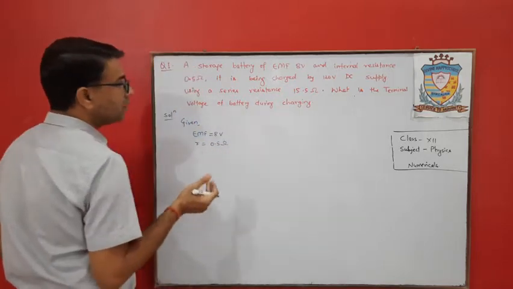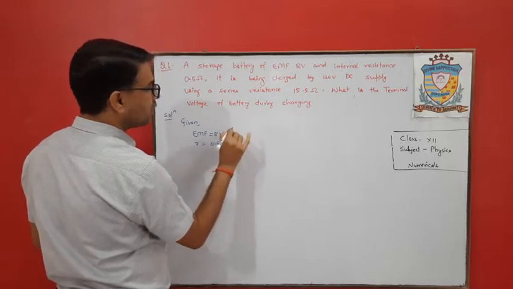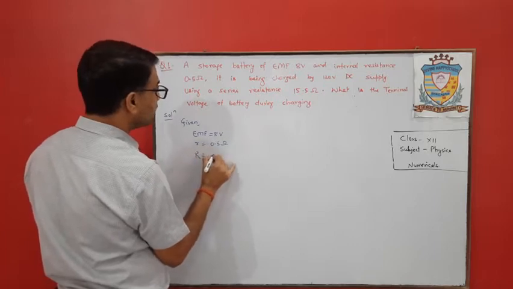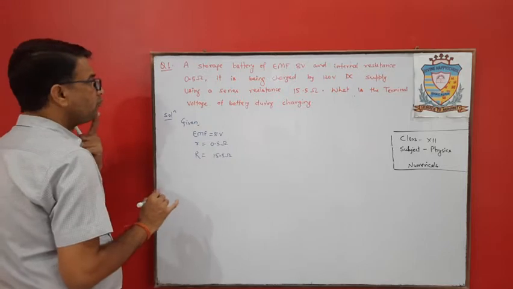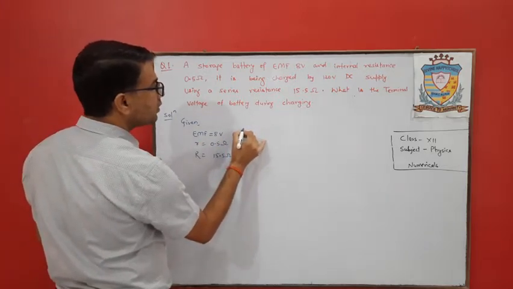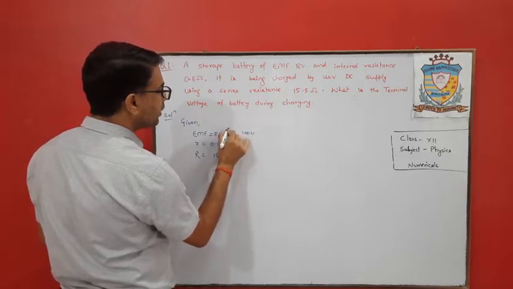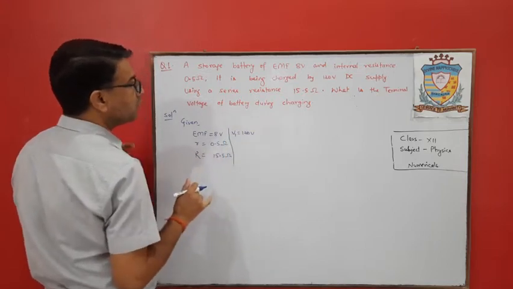Another battery having voltage 120 volt, and an external resistance of 15.5 ohm. Here the supply is 120 volt, let it be V1, 120 volt DC supply.